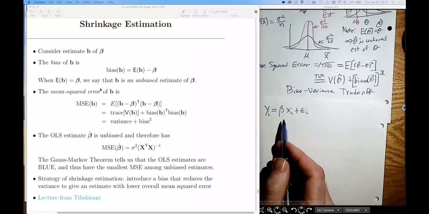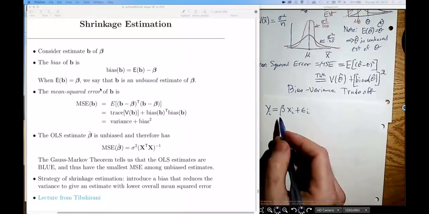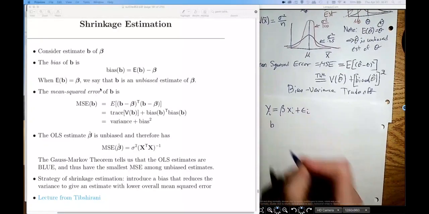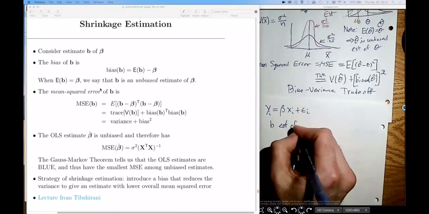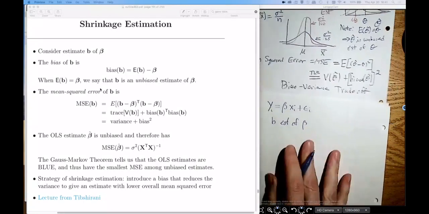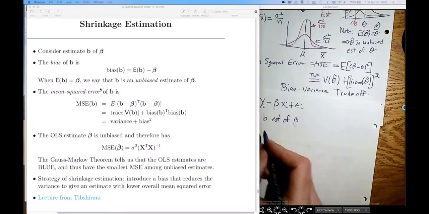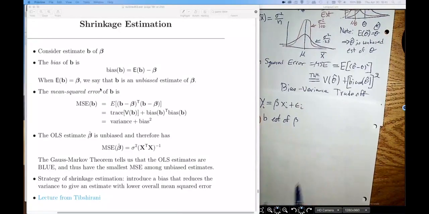I don't have an intercept, all I have is a slope, and I estimate this with some estimator b. So b is an estimate of beta. I'm not going to claim that this is the OLS estimate for right now, it's just some estimator.